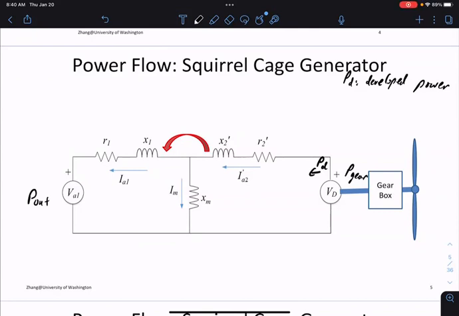What happens to this developed power is it goes through these two resistors. Not all of the developed power gets to the output because we have R2 prime and R1, so you lose power in these two resistors. Here the power loss is called PCU2.